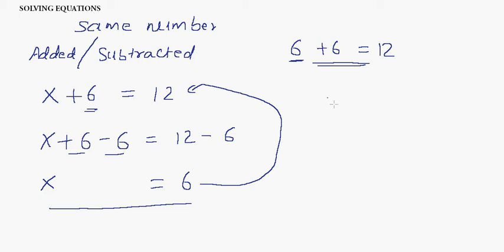In the same way, let us take an equation x minus 5 equals 10, in which x is being subtracted by 5. So add 5 on either side of the equation.